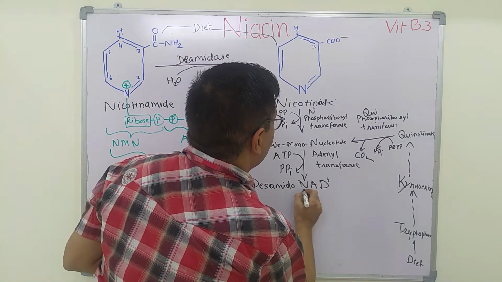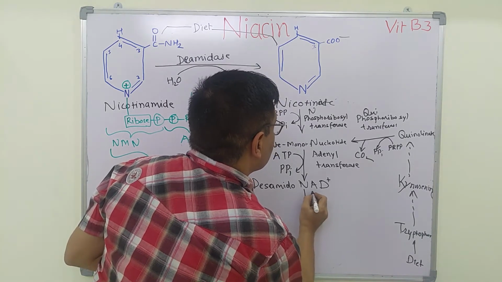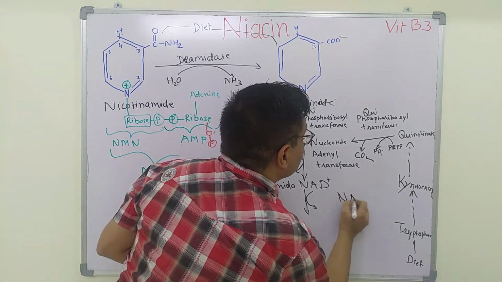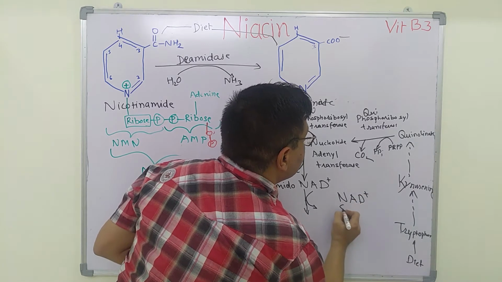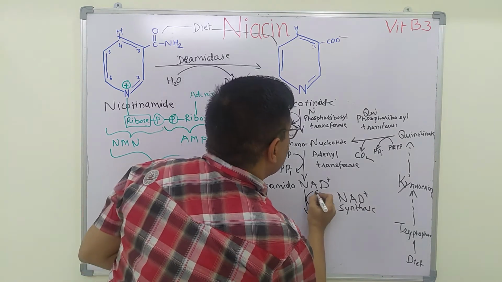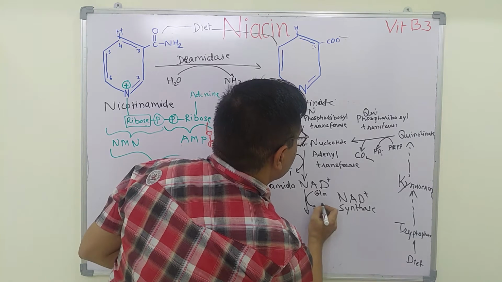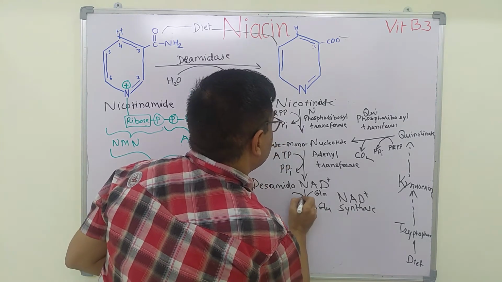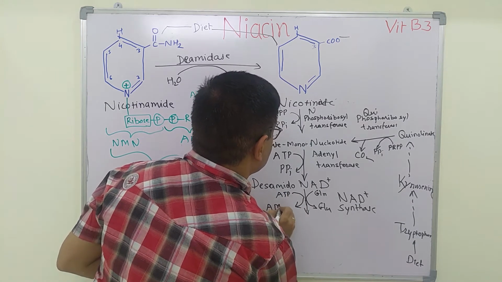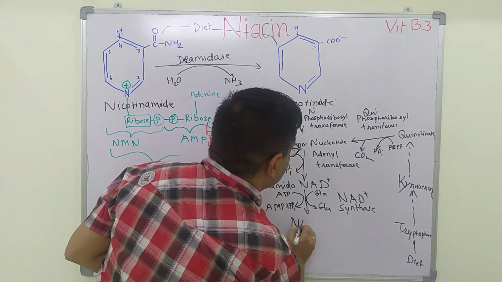Through this desamido NAD plus, NAD synthase acts. Glutamine is the donor of the amide group, which is converted into glutamate. It is an energy requiring process, and NAD plus is synthesized.